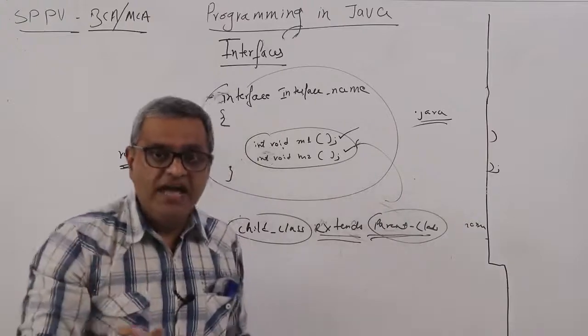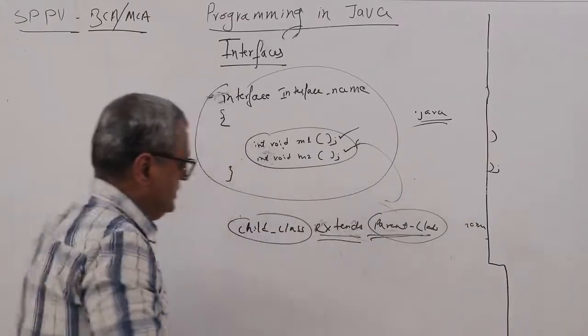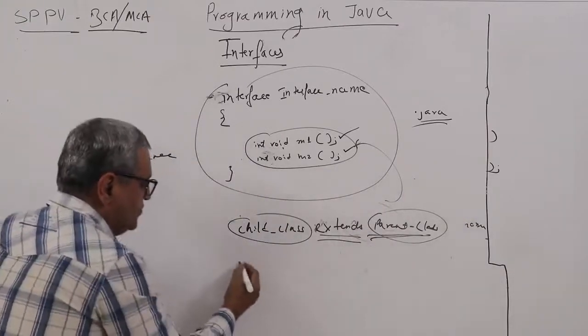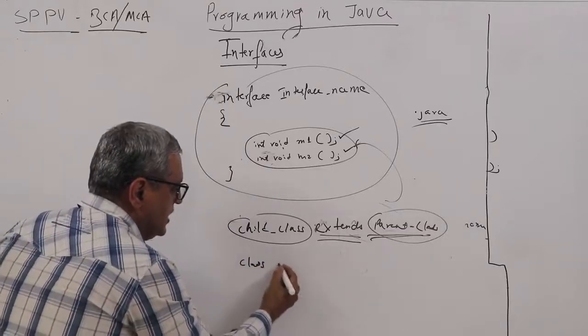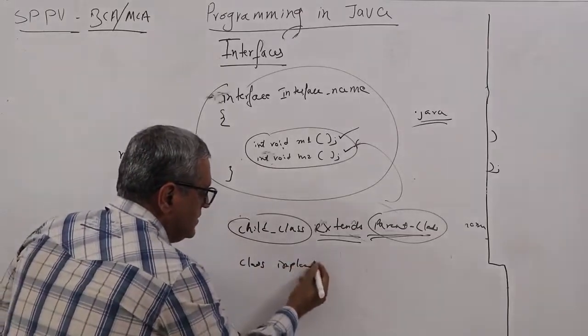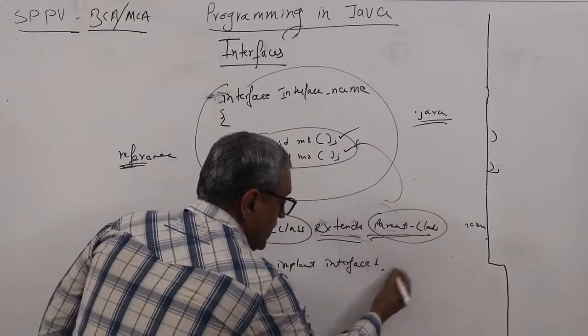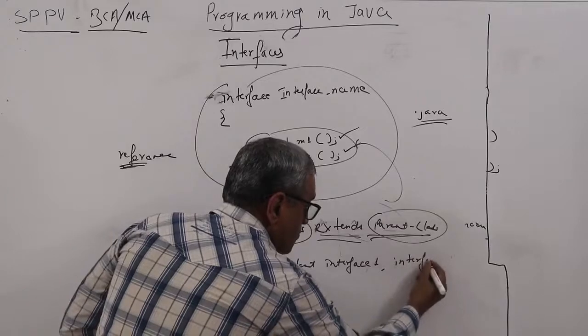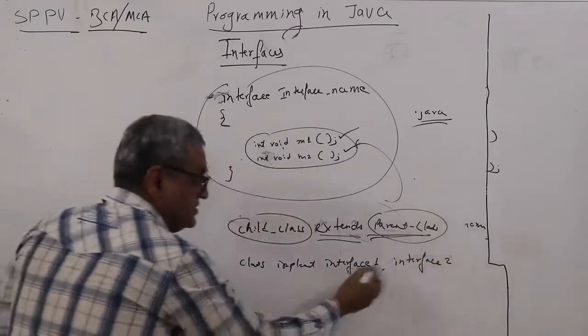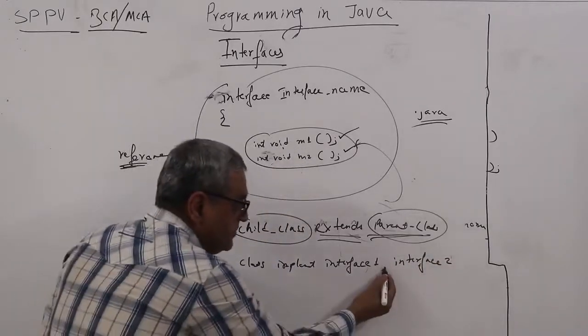Whereas in an interface, if I have a class implementing an interface, I can actually have multiple interfaces here, separated by commas.